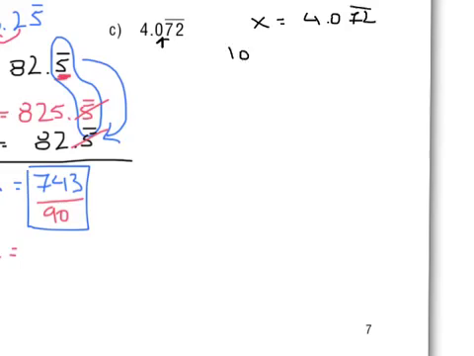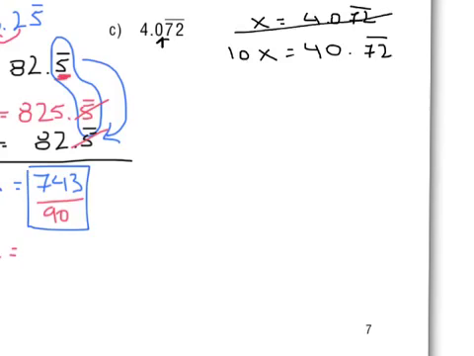Then I multiply both sides by 10 to get 40.72 repeating. And now I don't need this anymore.